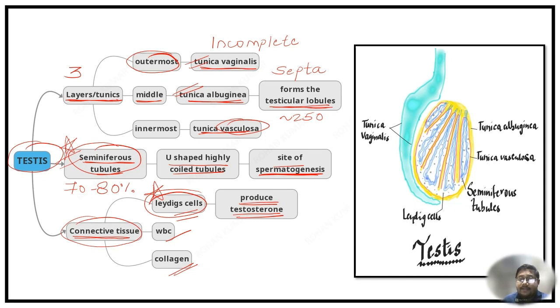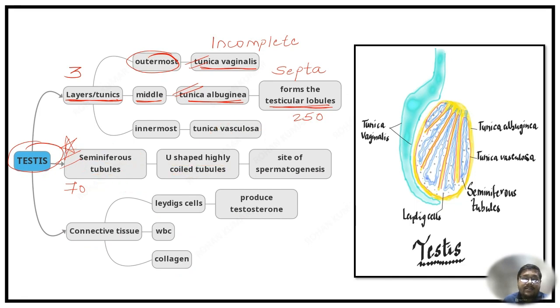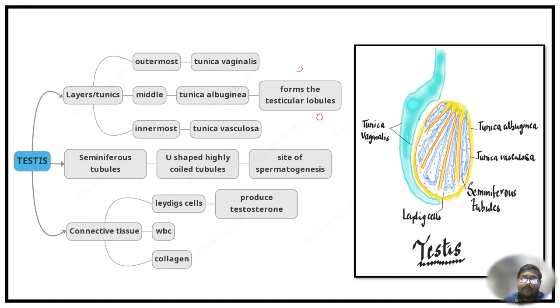So I hope this is clear to you, and I will share this chart with you because this chart is very important, and I have explained everything in this chart without writing much. So once you read this chart, I think everything will be clear to you. Also, while reading this chart, I would advise you to look at the diagram, because the diagram is handmade and everything is color coded here. The tunica vaginalis is of a separate color, which is an incomplete layer.